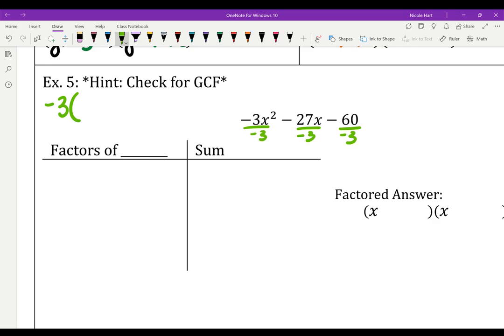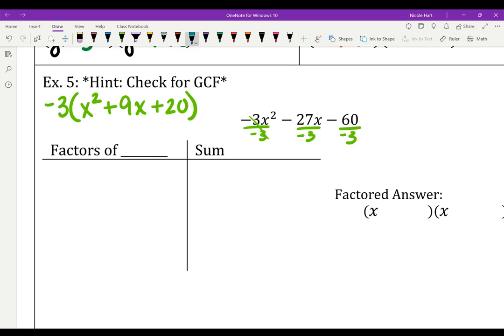So negative 3 divided by negative 3, those are going to cancel out. I'm left with x squared. Negative 27 divided by negative 3 makes a positive 9x. And negative 60 divided by negative 3 gives me a positive 20. So now I'm dealing with factoring this trinomial.